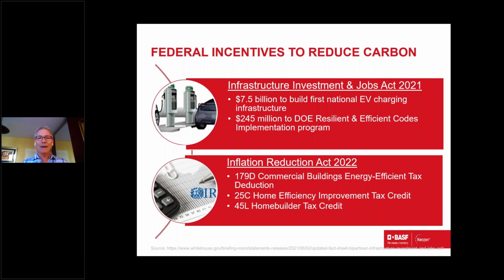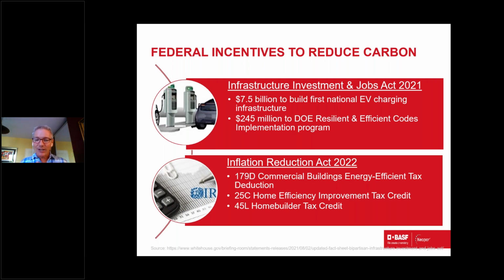So you don't have to worry about, should I really invest my time, say, for the 179D commercial tax credit, or actually that was a deduction, pardon me. You can get up to $5 per square foot, depending on how you're designing your particular buildings. That's a lot of money. You can also get it for renovations or roofing and things like that.